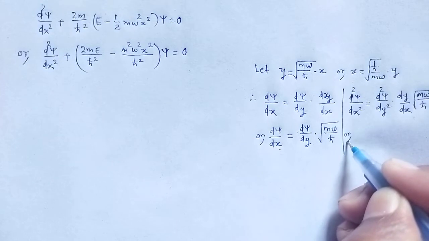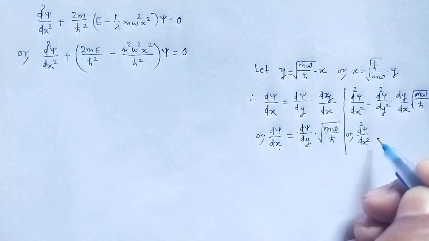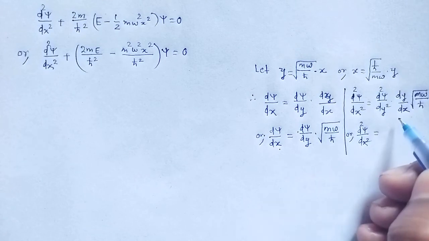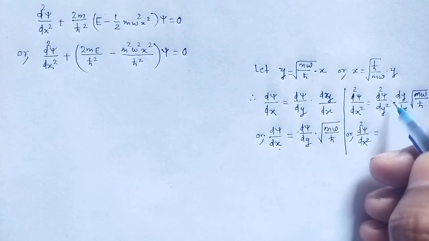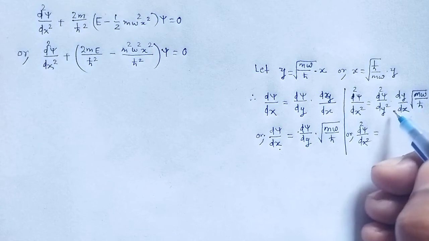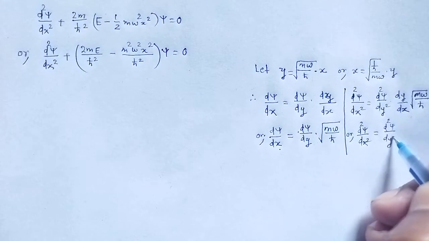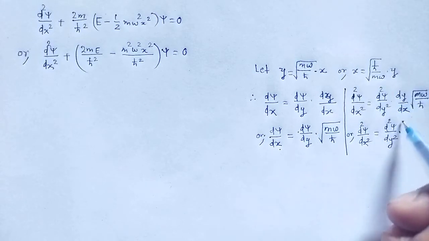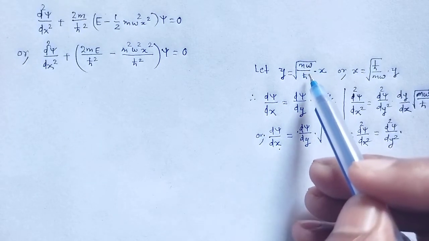Simplifying again, d square psi by dx square is equal to d square psi by dy square, again into dy by dx, the square root of m omega by h cross.